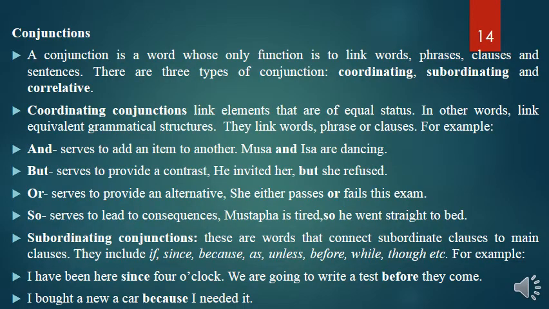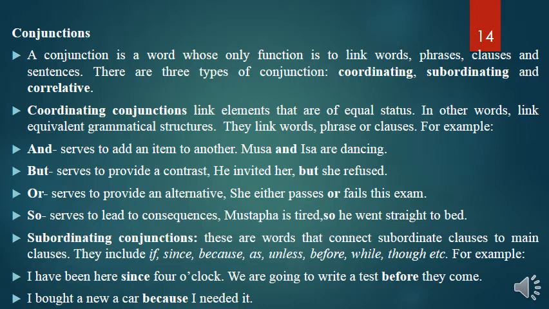A conjunction is a word whose only function is to link words, phrases, clauses, and sentences. That is, the function of a conjunction is to link words, phrases, and clauses, and then sentences. There are three types of conjunctions.